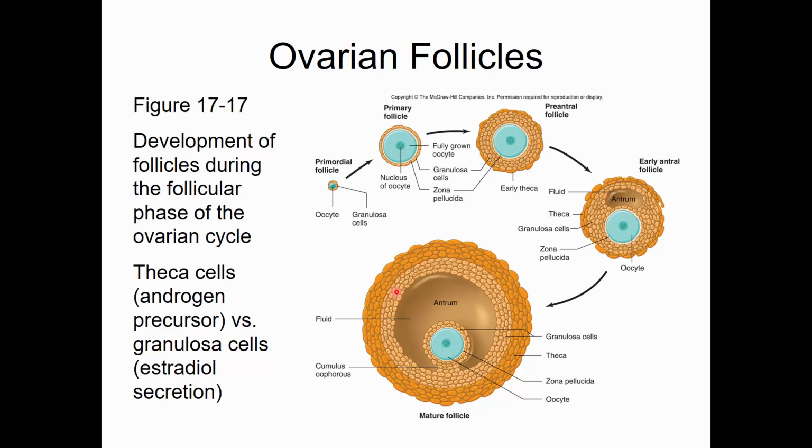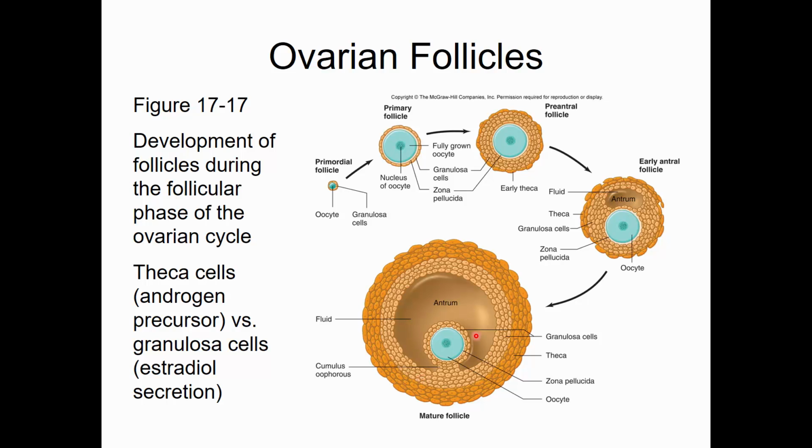Do you remember when we talked about that way back when in our first lecture? Aromatase converts testosterone into estradiol. So the androgen is converted into estradiol, and then the granulosa cells produce a lot of that estrogen.